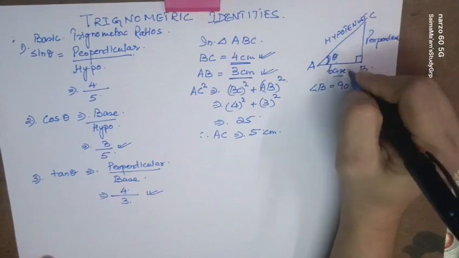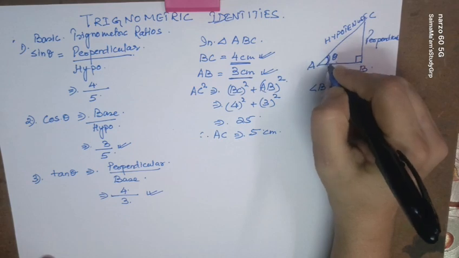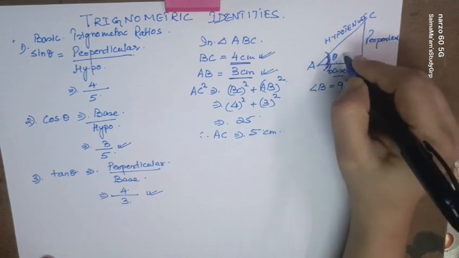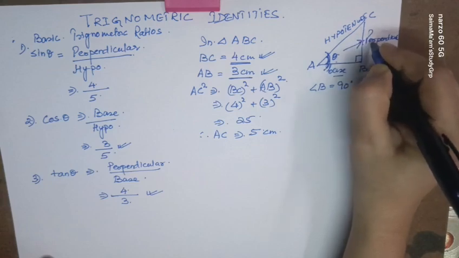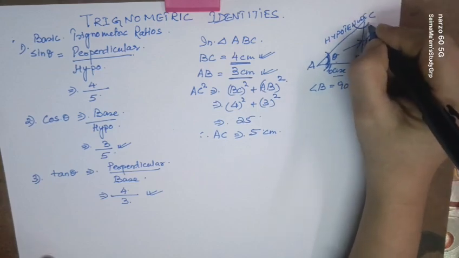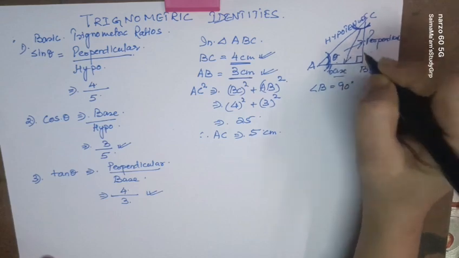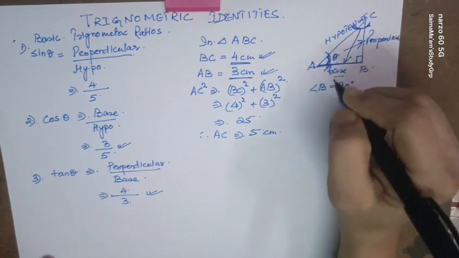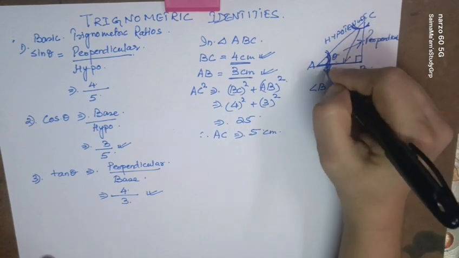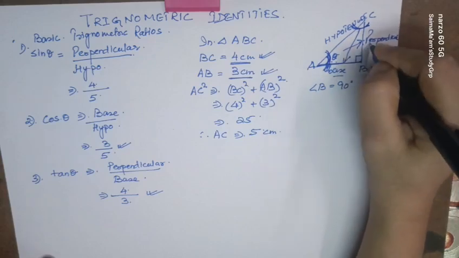So we have seen in a right angle triangle, if A is theta, then its opposite side is considered to be its perpendicular. Likewise, if you consider C to be theta, then this should be its opposite side, and in that case this will become the perpendicular. So depending on the value of theta, you decide which one is its perpendicular side.